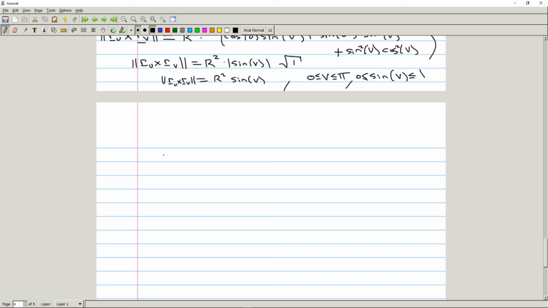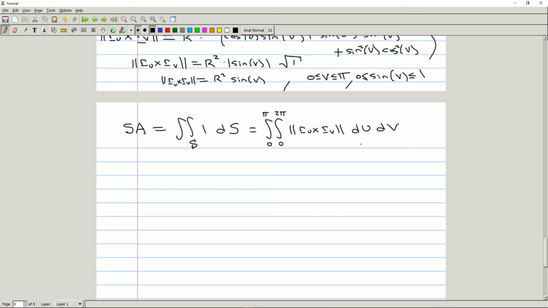We have that the surface area is equal to the surface integral of 1 dS over the surface S. And this is going to be exactly equal to the integral over D, which is from 0 to pi, 0 to 2 pi, of dS, which is the magnitude of the cross product of RV with RU, du dv.